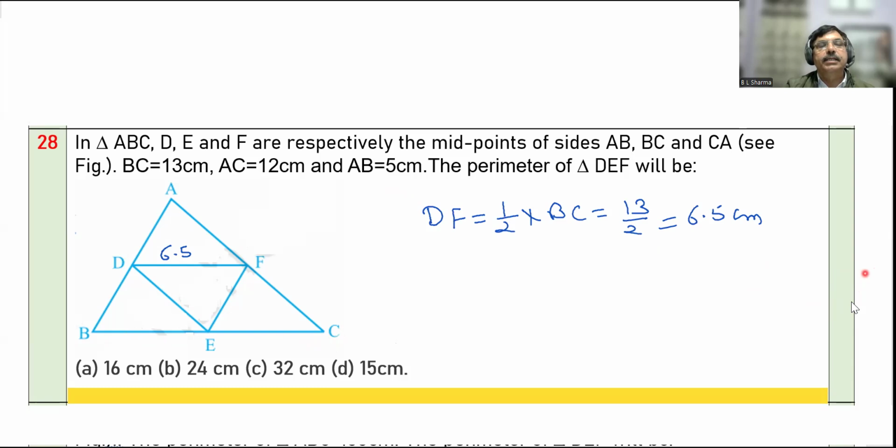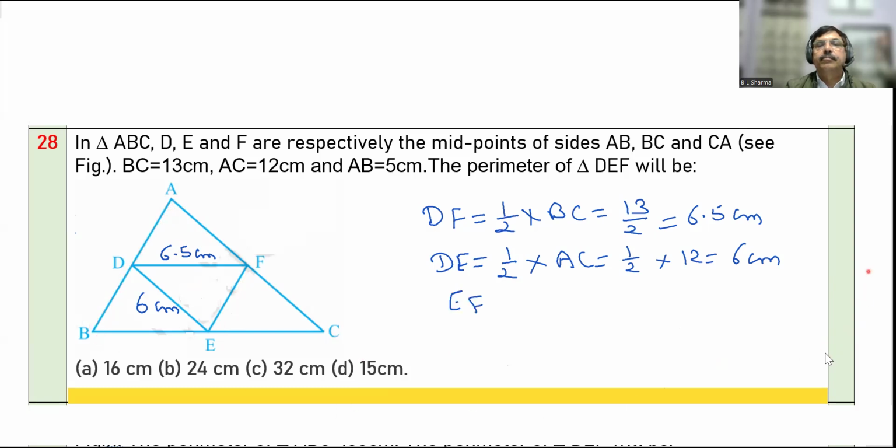Perimeter means sum of all three sides of the triangle. DE is half of AC, and AC is given 12 centimeters, so half of AC is 6 centimeter. Then EF is half of AB, and AB is given 5 centimeter, that is 2.5 centimeters.